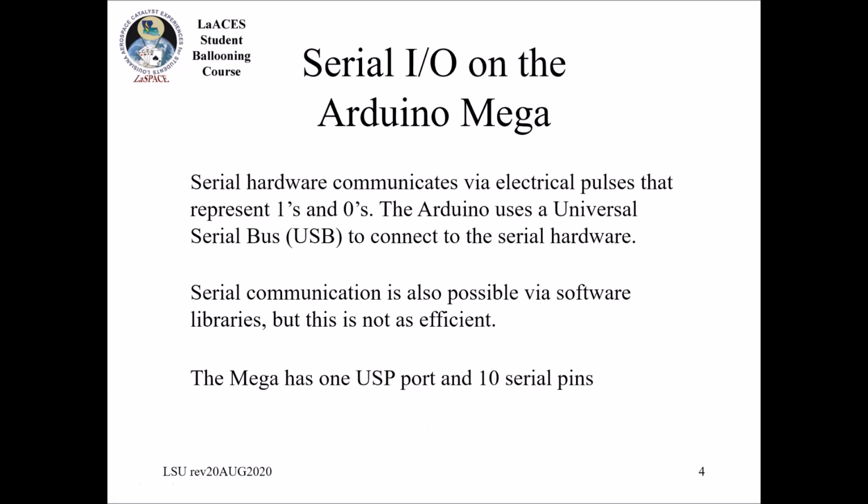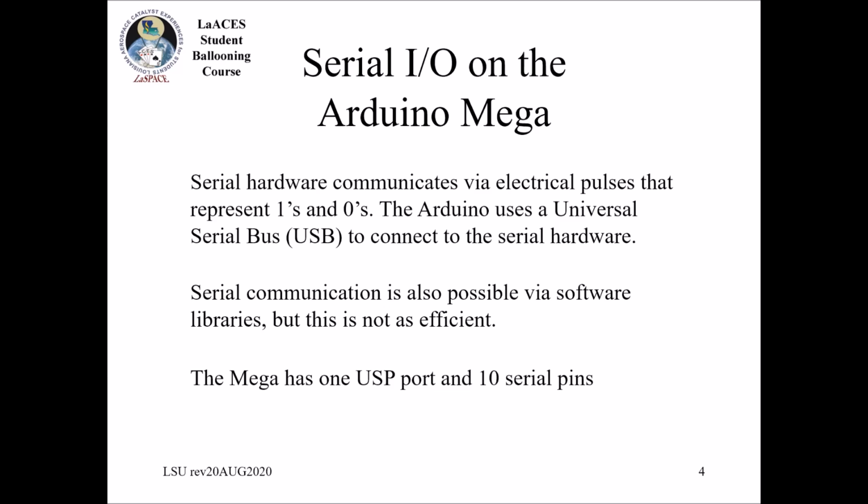For the Arduino Mega, we're going to be talking mainly about the serial communication on this device since we're all using it. The serial hardware communicates via electrical pulses that represent 1s and 0s. From what we learned before, I was reading the data sheet today, and it said that it operated on 5 volts.